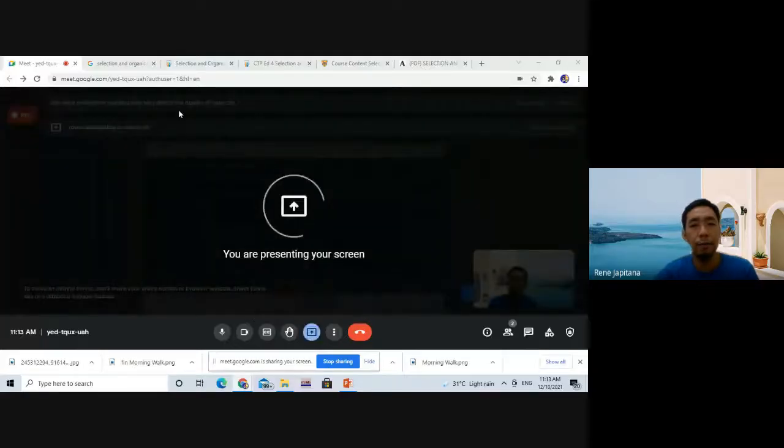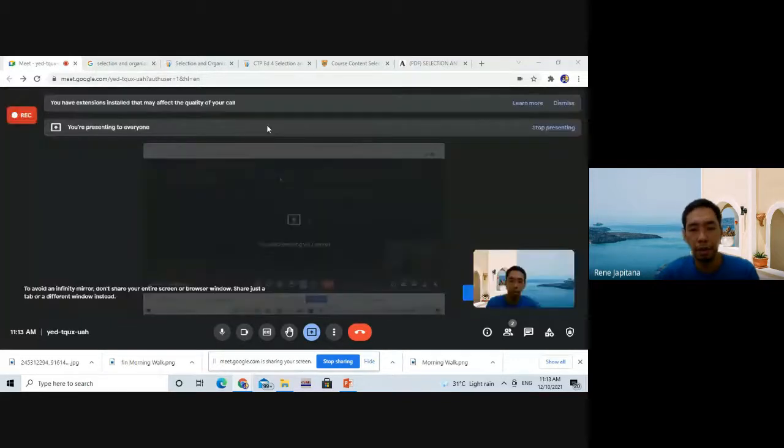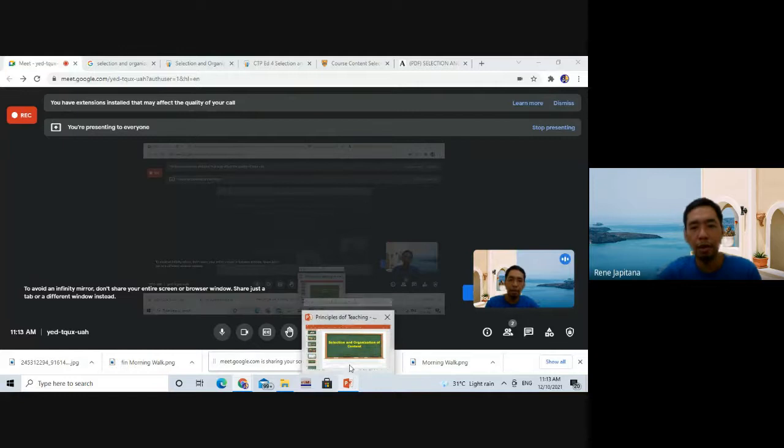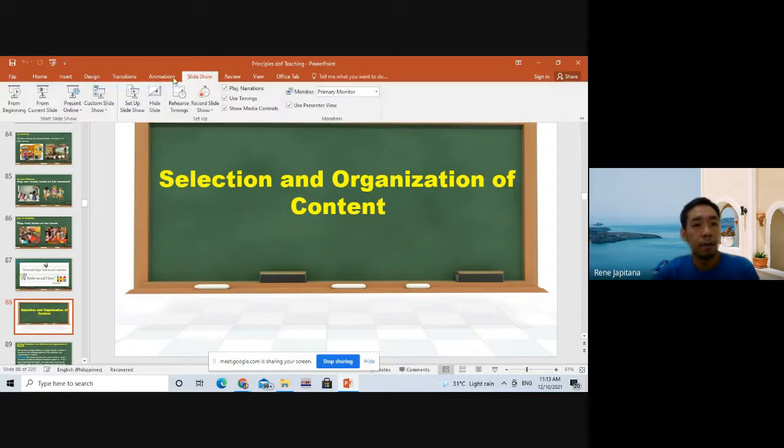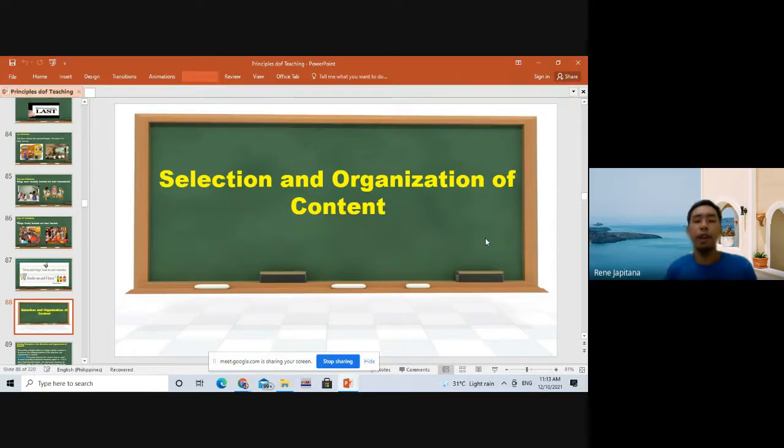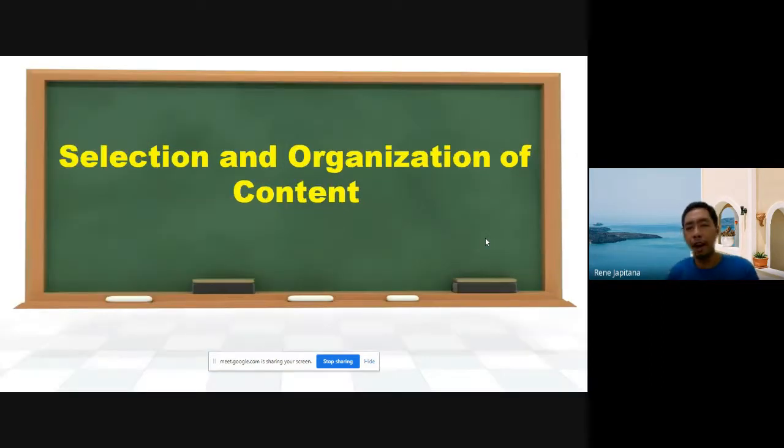So we are now preparing the different guiding principles of this selection and organization of content. When we talk about content, this is all about subject matter, the things that we are going to teach and the things that our students want to learn and that we want them to learn. So we have different guiding principles that will help us future teachers.